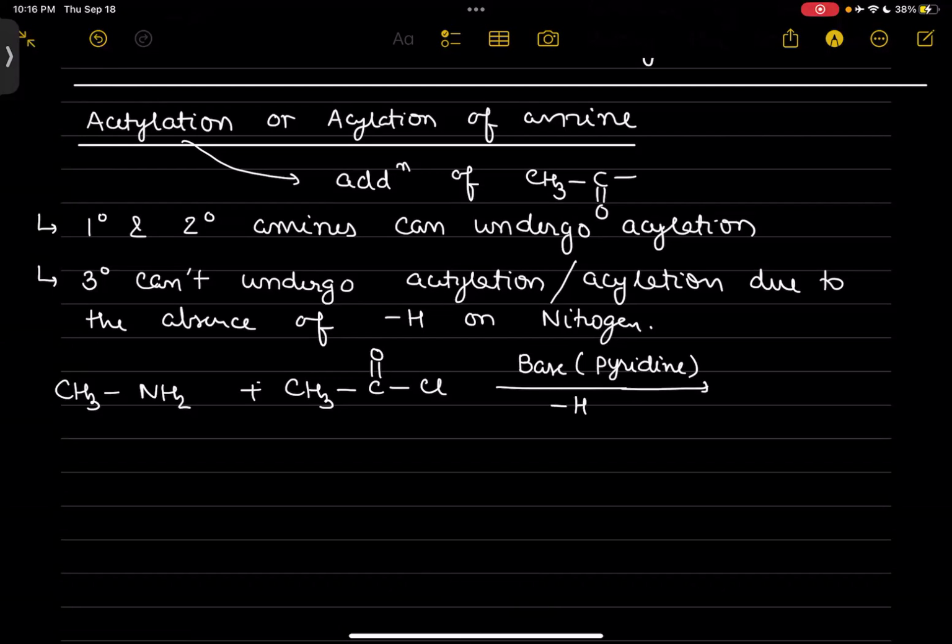The base removes HCl. If you remove HCl, you have the COCH3 group attached in place of one hydrogen.